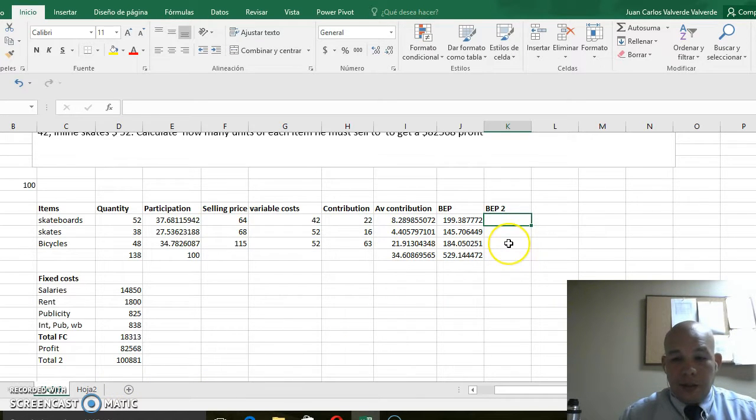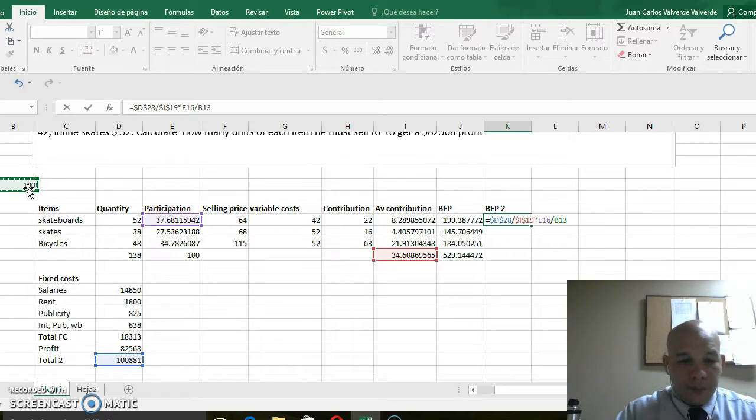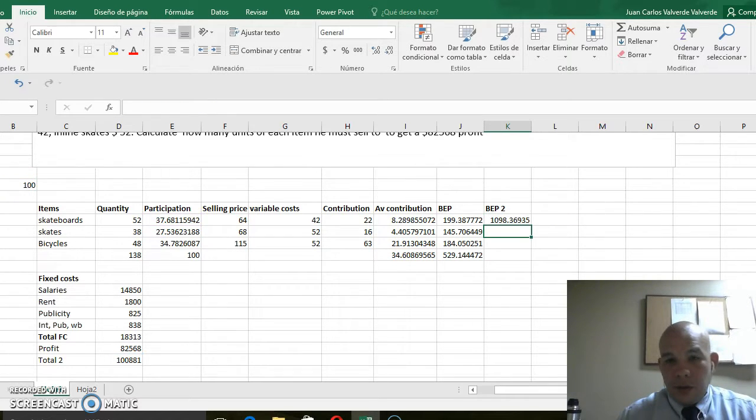To calculate that, we use a formula: total number 2 divided by the average contribution, multiplied by individual participation, and divided by 100. We also copy the formula and we add them up, and we have to sell more items now.